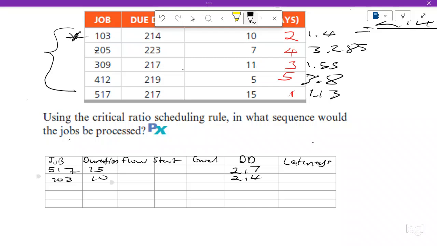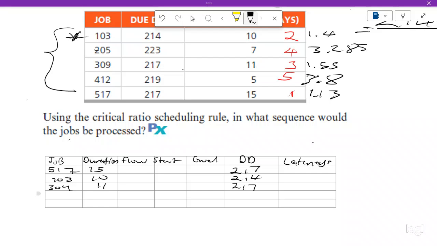All right, then we move right along. 3, 309, 217, 11.